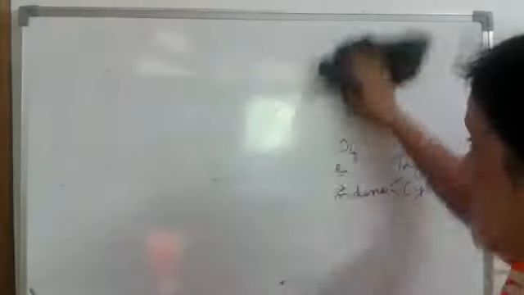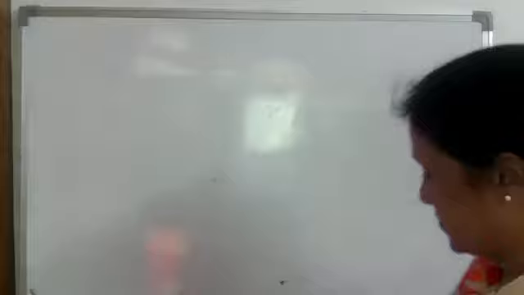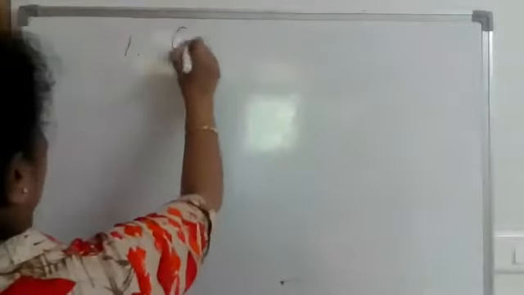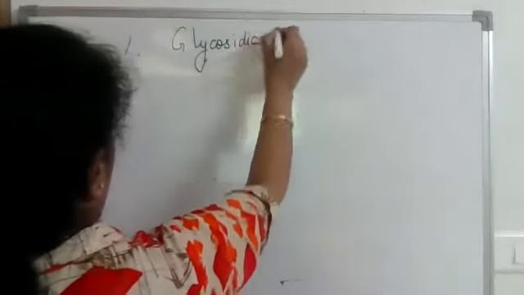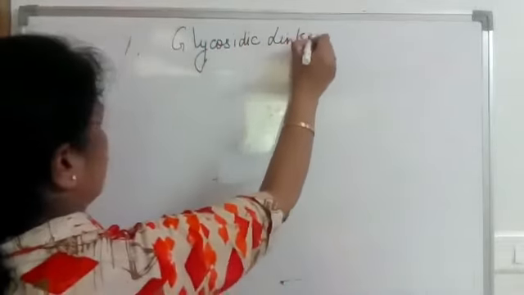Now let us study the types of bonds. The first bond that is present in the DNA is the glycosidic linkage.